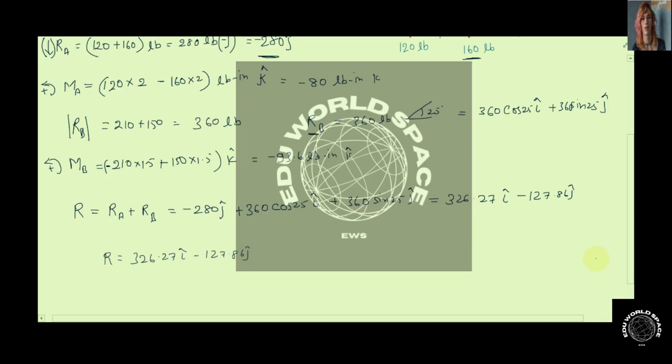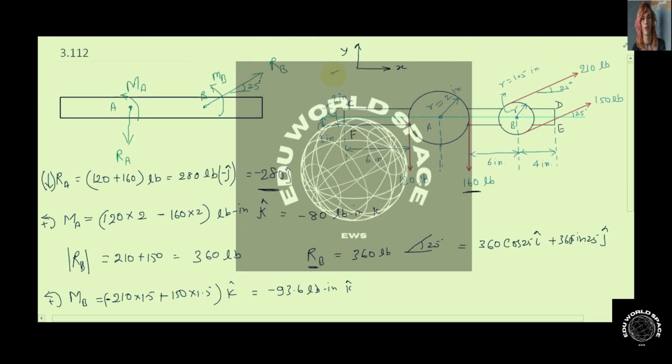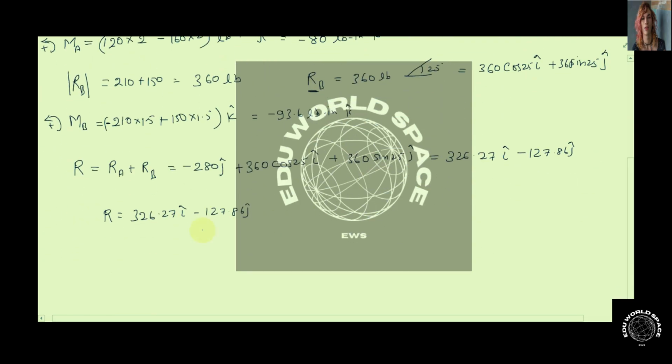Now we observe one thing, that in this problem the coordinate system is not given. We had assumed this coordinate axis, so our final answer should not be in our assumed directions. So we can write this resultant vector in another form.